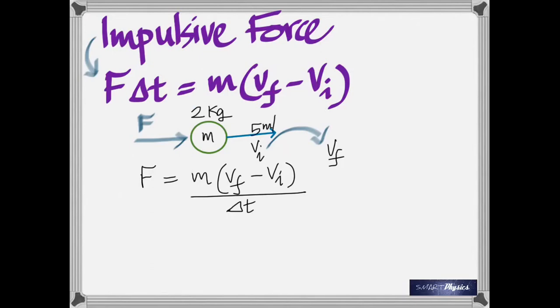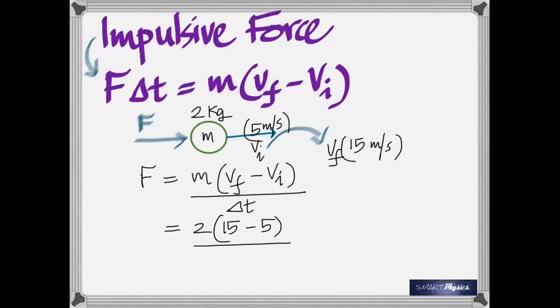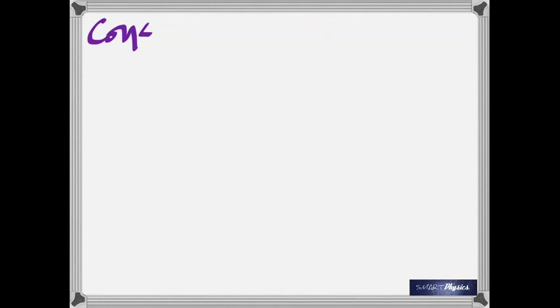Let the mass be 2 kilograms, vi is 5 meters per second, vf is 15 meters per second, and if the time was considered to be 0.1 second, then surely the force applied is 200 newtons. Isn't that simple to understand? So that's about an impulsive force.